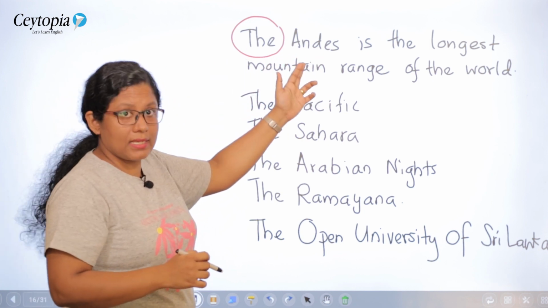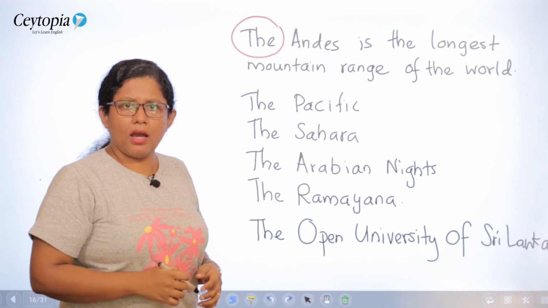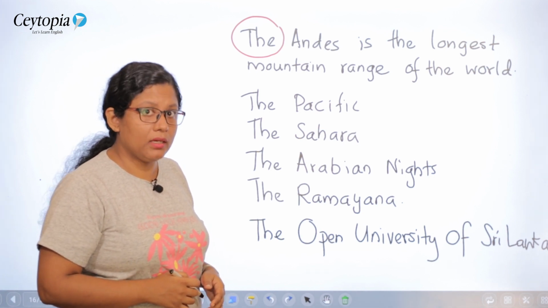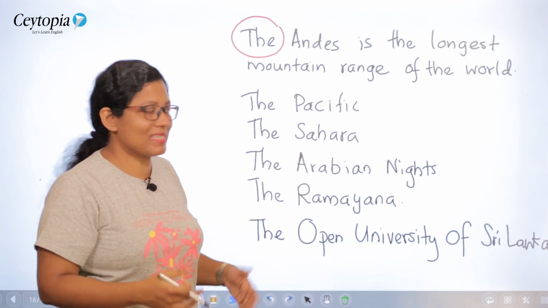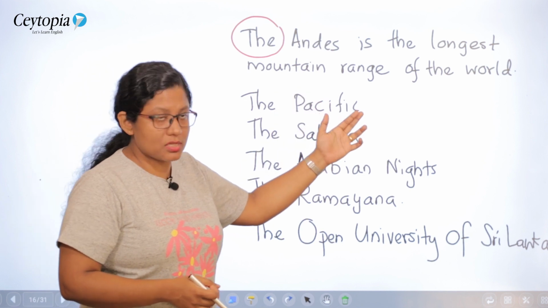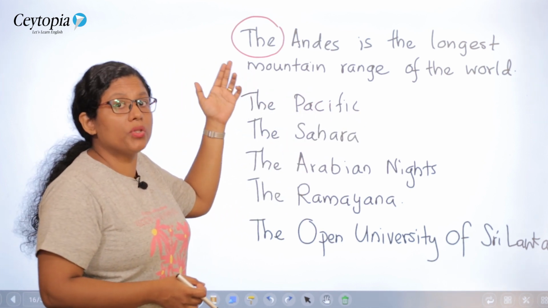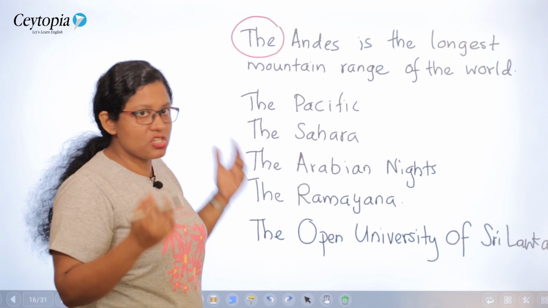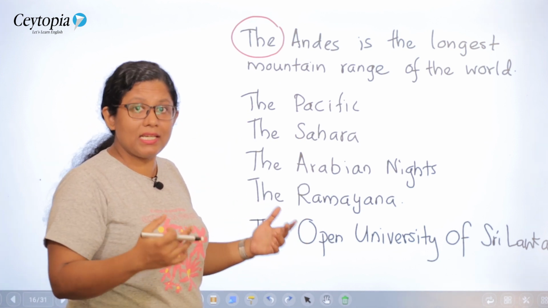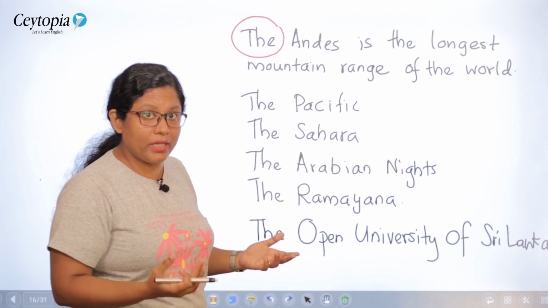The Andes. Why is that? When you say Mount Everest, you do not use "the." Why? It is different. It is a special case. In these cases, with certain mountain ranges, we use "the" before the noun. So, these are special cases. You can't find a particular reason behind it. That is the way it is used when you speak English.